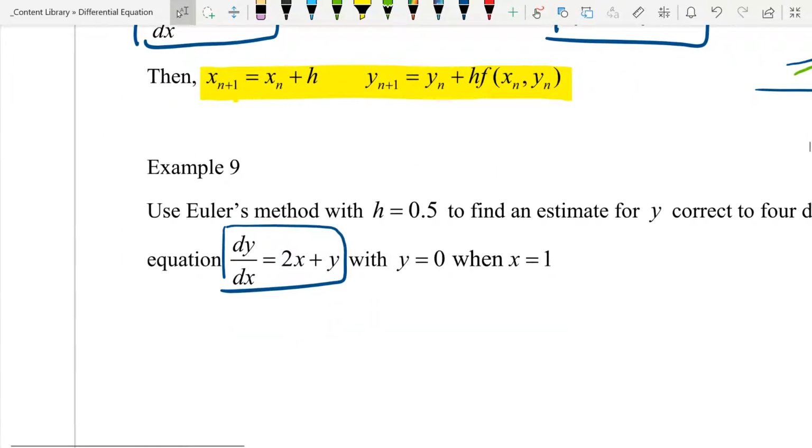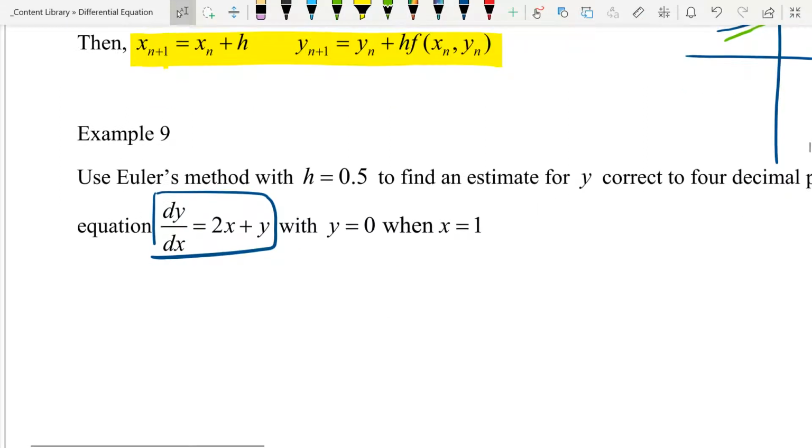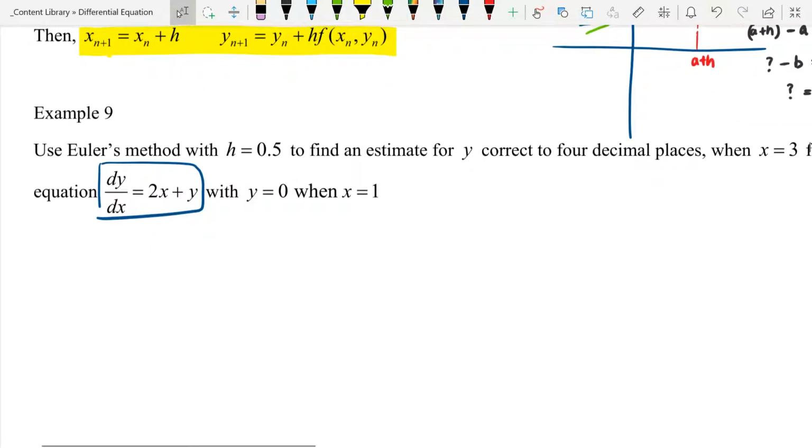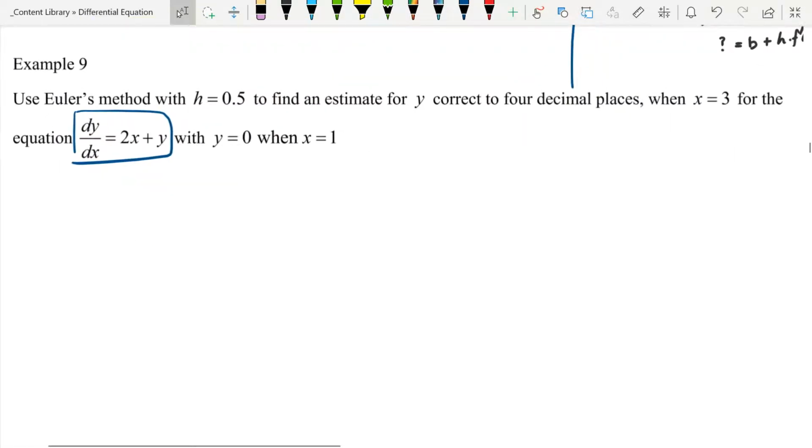I'll just do one example with you and show you how to do this on CAS, because most likely that will be a multiple choice question, and you can use your CAS directly to work out the answer. So let's have a look at this one.